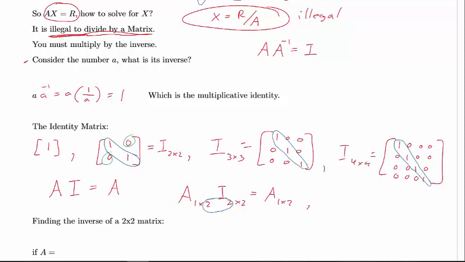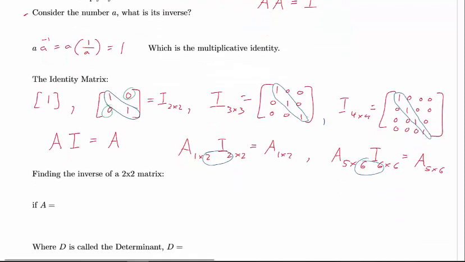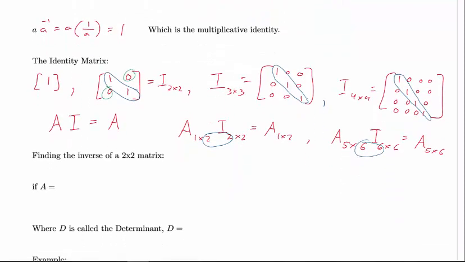If you have something different, say A is a 5 by 6, then your identity matrix should be a 6 by 6, following that second number. And when you multiply through, A will be 5 by 6. Okay, so that's the identity matrix.